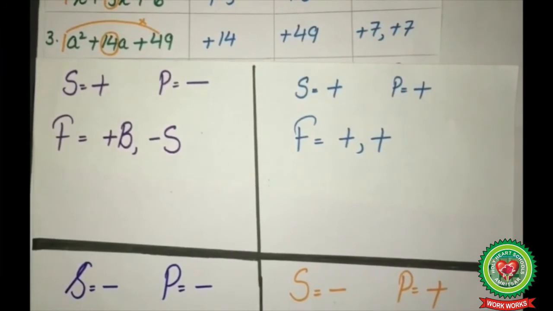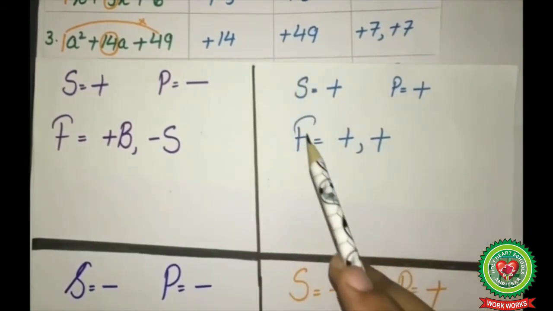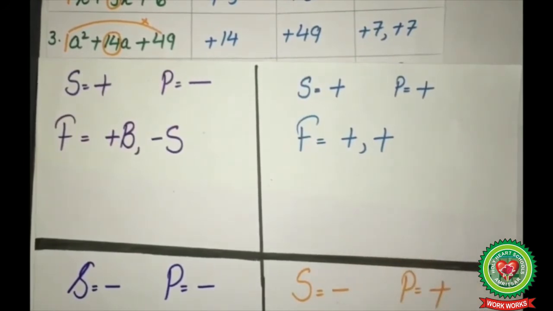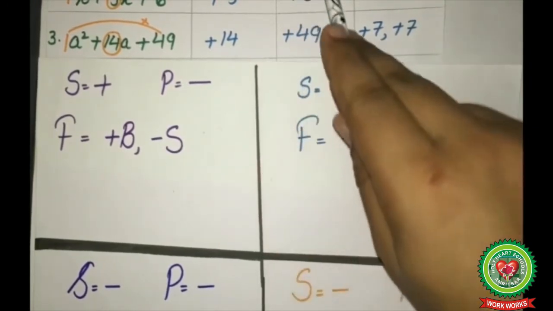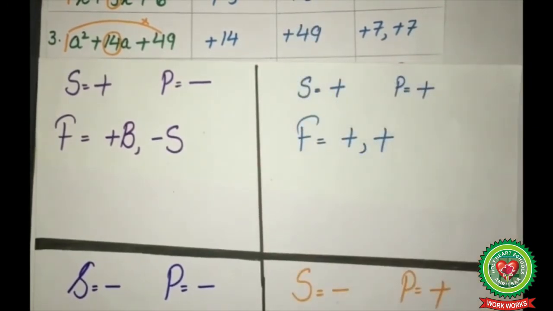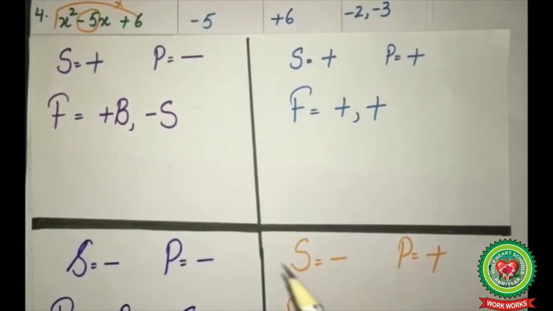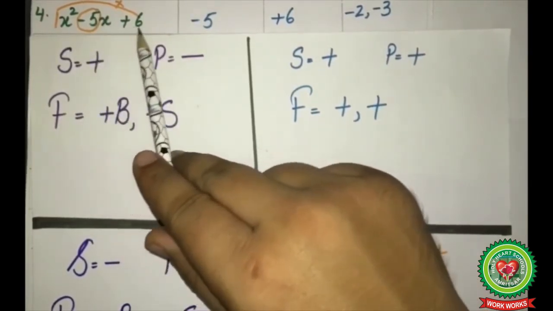Now students, here also in this example, the sum and product both have the plus sign, so both the factors will have a plus sign. Therefore the two numbers which give us the sum as 14 and the product as 49 are plus 7 and plus 7.